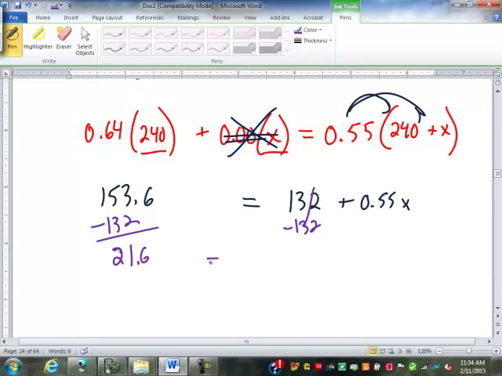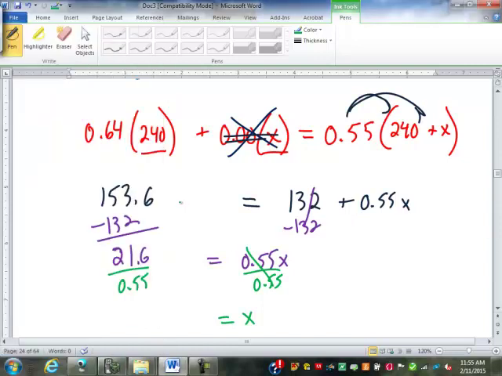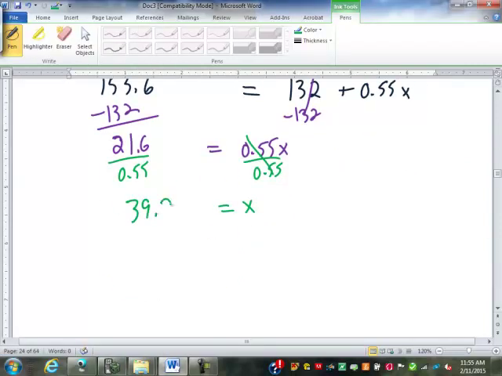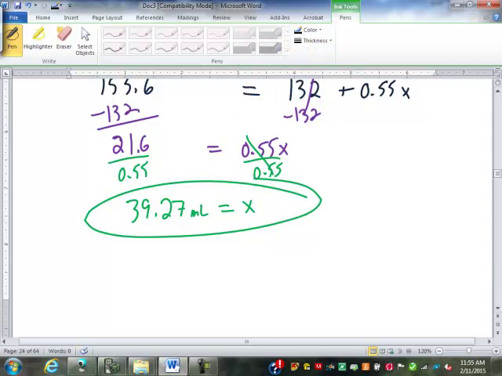So it's 21.6 equals 0.55x. And divide by 0.55. And we get 39.27 milliliters is x. So the only tricky part to that is realizing that sterile water is 0% and putting it into our formulas.